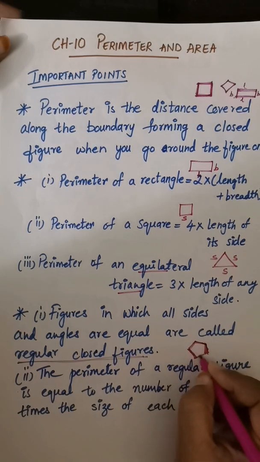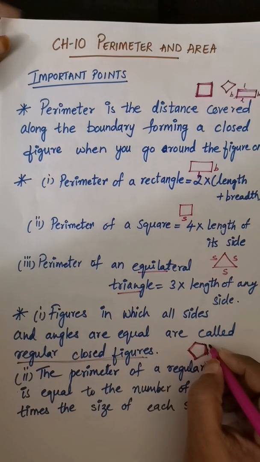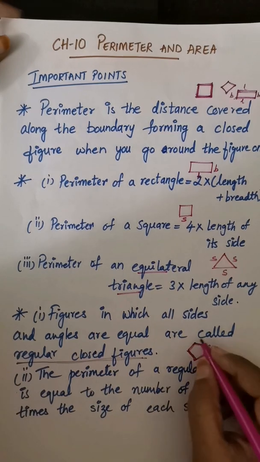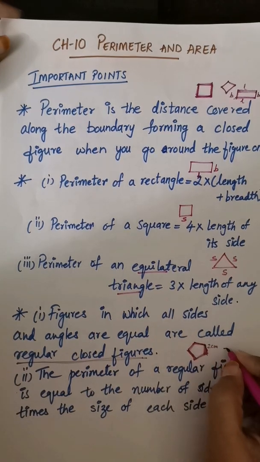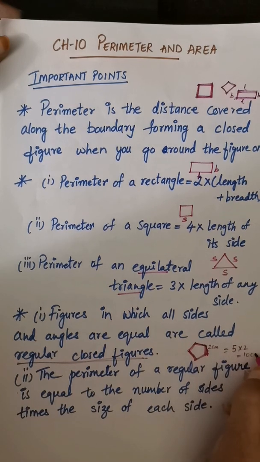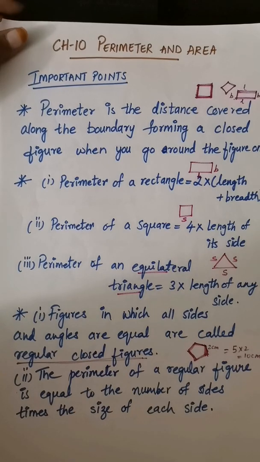If the length of each side is 2, we can find the perimeter of this pentagon by multiplying 5 into 2, that is 10 centimeters. The number of sides into the length of each side will give the perimeter in the case of a regular figure. A regular closed figure means all its sides and angles are equal.